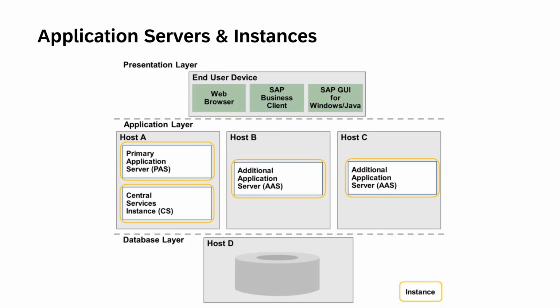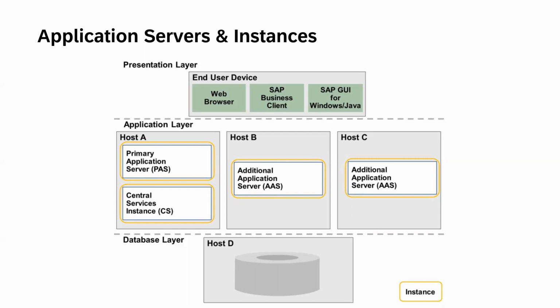When do you install an additional application server? When you are installing it on a separate server, separate hardware or separate VM. There are two basic functions of an additional application server. One is load balancing.